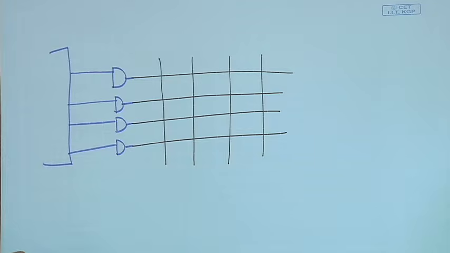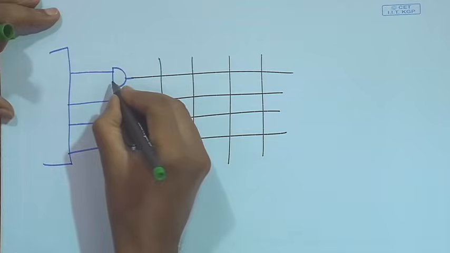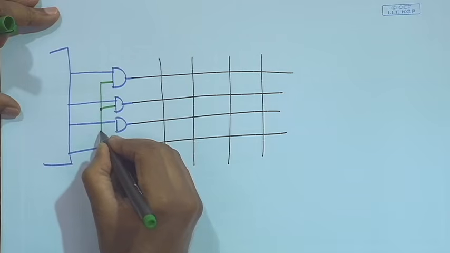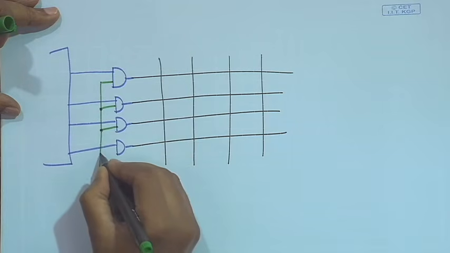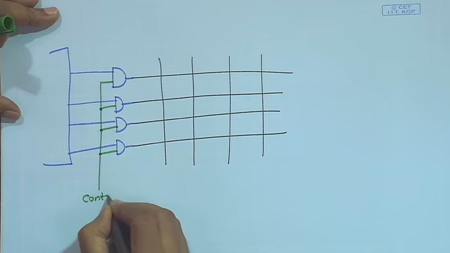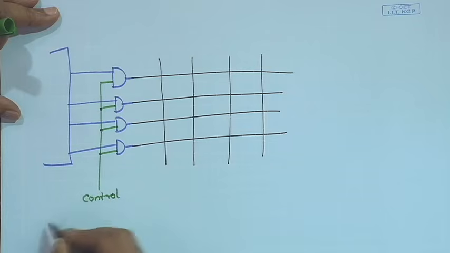But the other input of the AND gates will be made common. This you can call some kind of control. This will also be controlled by the CPU. This will be connected to some other output port.